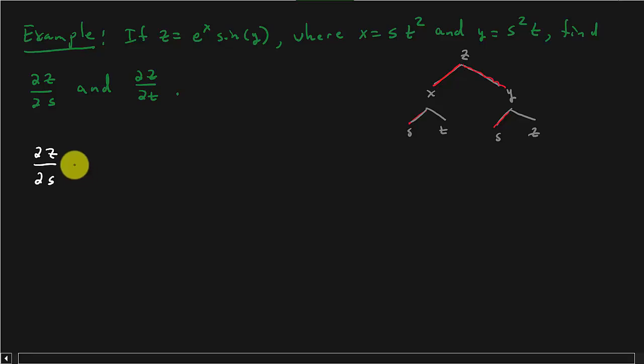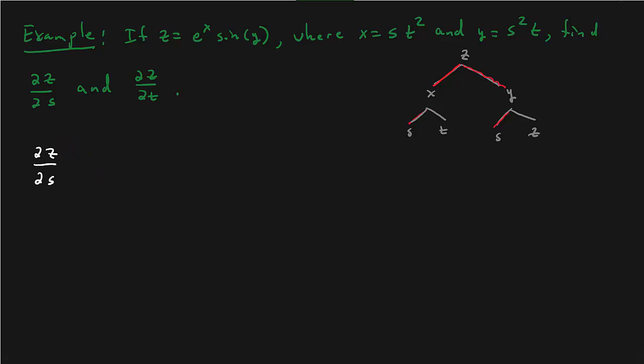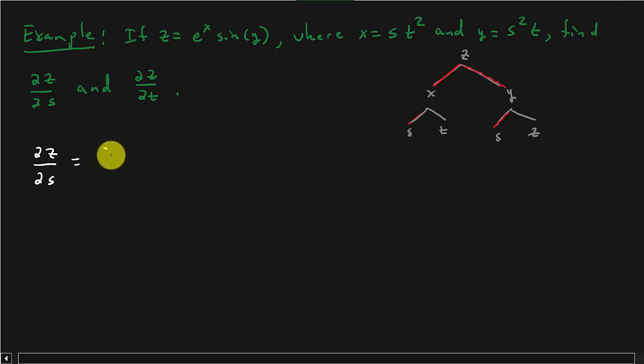So what is this? Well, let me change colors back. This is equal to the partial of z with respect to x. That's going to get us from here to here. Then we've got to go from x to s, so that's times the partial of x with respect to s.